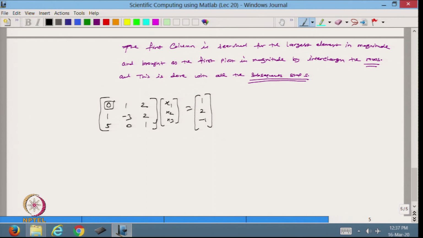So, the first step is that I will find the largest value in magnitude. Maybe in magnitude the largest value is this one, because if I take the modulus of -5, that is 5. So, in this case I will do R13. After doing R13, I will get -5, 0, 1, 1, -3, 2, 0, 1, 2, and x1, x2, x3 will not change, because I am just interchanging the equations.